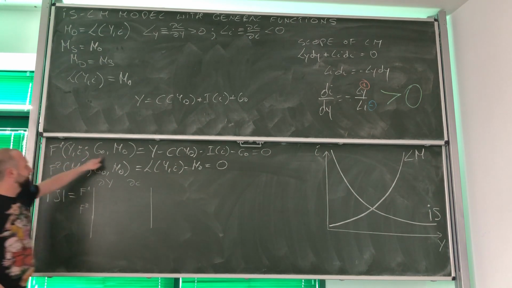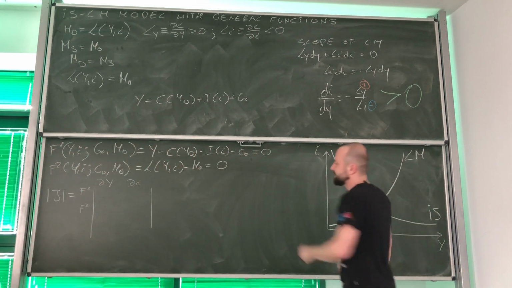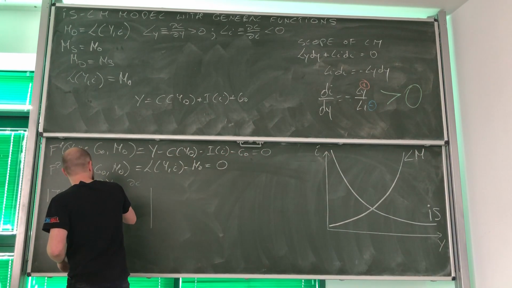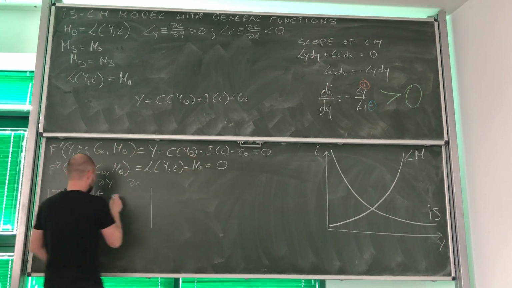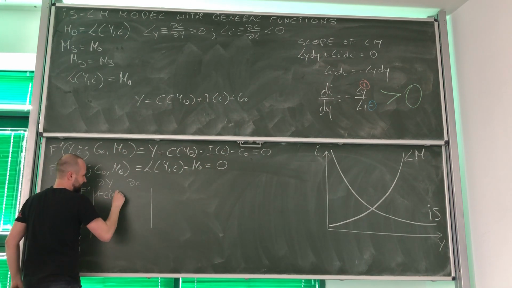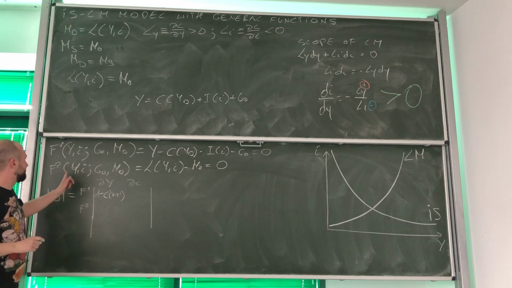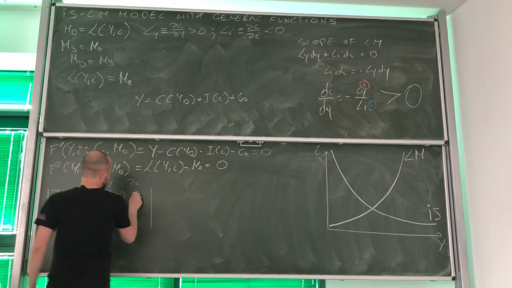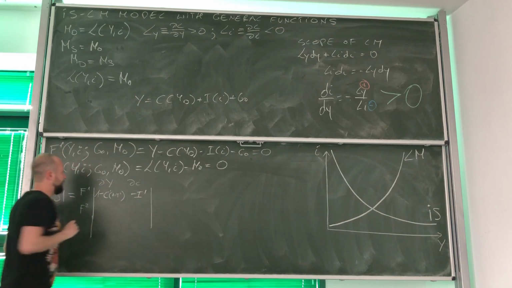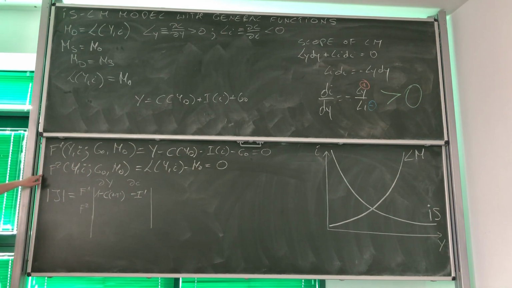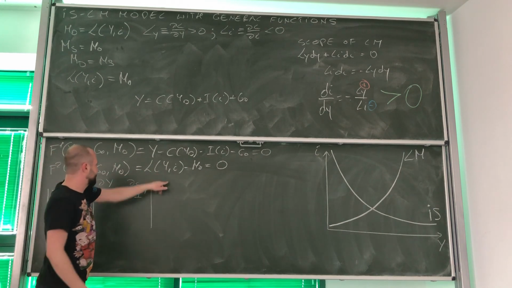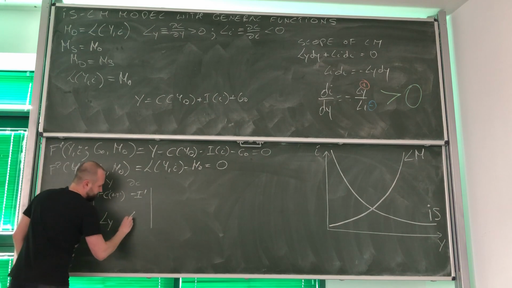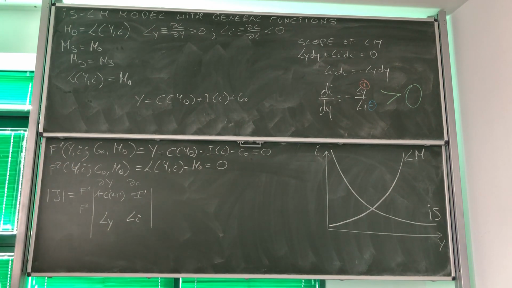Okay, so if I differentiate this with respect to y, I'm going to get 1 minus c prime (1 minus t prime). Now, if I'm differentiating this equation with respect to interest rate, I'm getting negative I prime. Now I'm doing this for the second equation. If I'm differentiating this equation with respect to y, I'm getting Ly. And with respect to i, I'm getting Li.